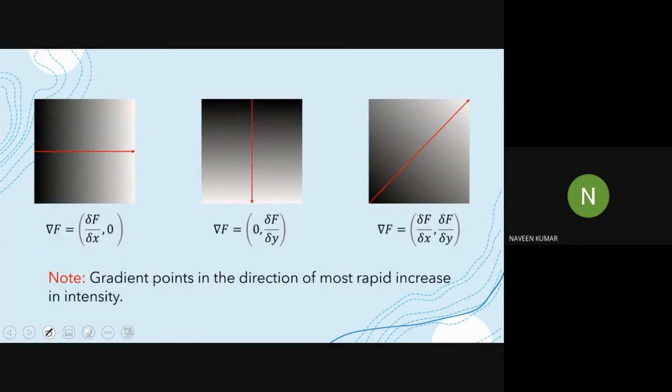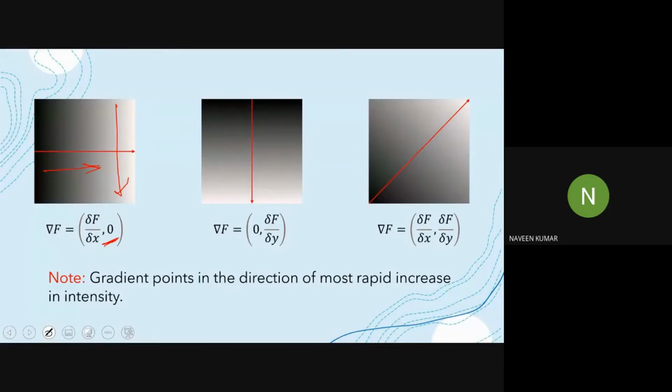So here is an example. In the first image, we can see that delta f by delta y is 0, because there is no change from top to bottom, and there's a change in this direction only. So delta f by delta y, that is the derivative in the y direction, is 0 here.